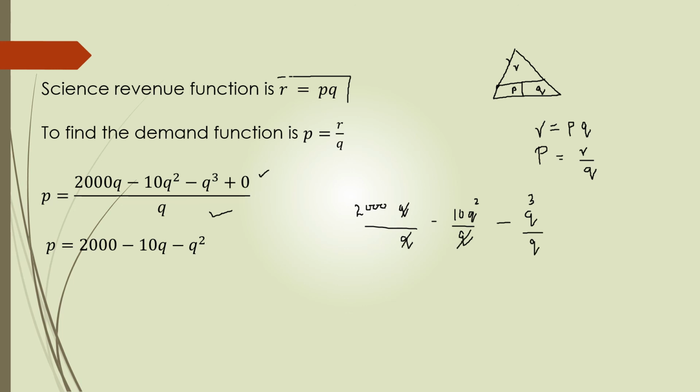This Q will be cancelled with this 2. This Q will be cancelled with 3. So here we have only Q power 2. So P is equal to 2000 minus 10Q minus Q square, which is the required demand equation.